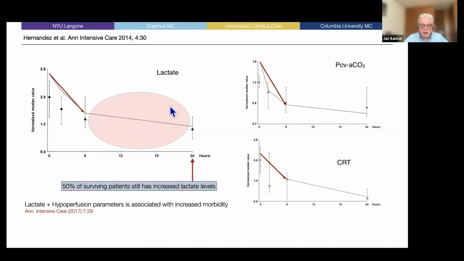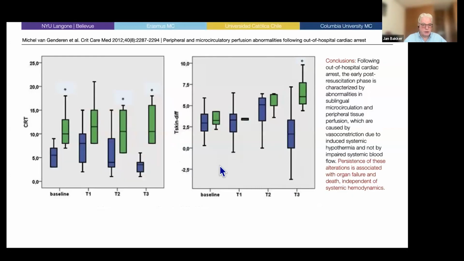In this study, these are all survivors. We excluded the dying patients. So these are all survivors at 24 hours. 50% still had an abnormal lactate. And so be careful when using lactate at these, let's say, later stages, in this case, septic shock patients.